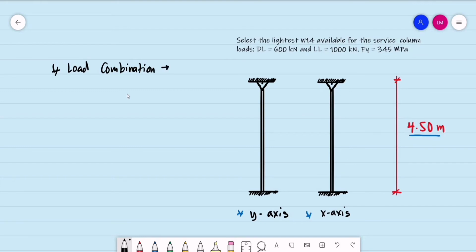Load combination for LRFD for this example. The ultimate load is equal to 1.2 of the dead load plus 1.6 of the live load.